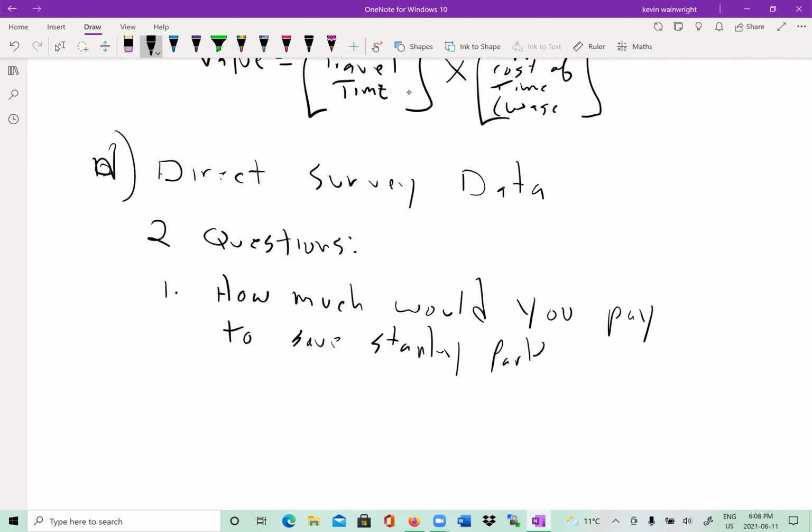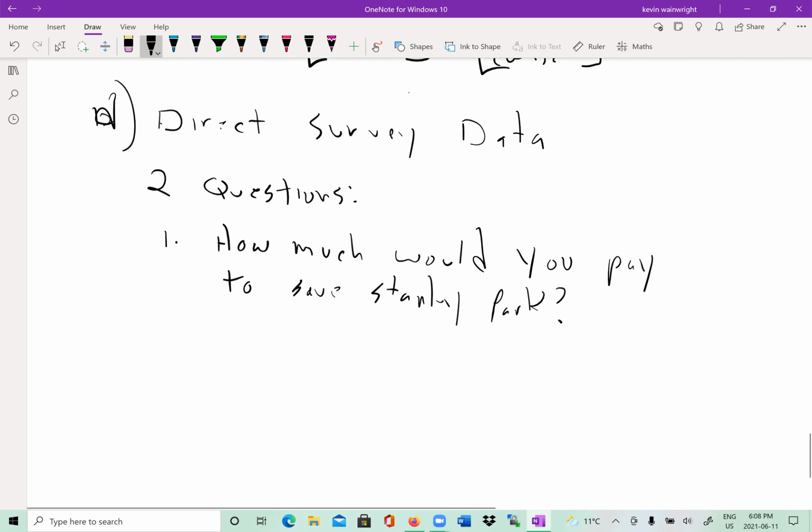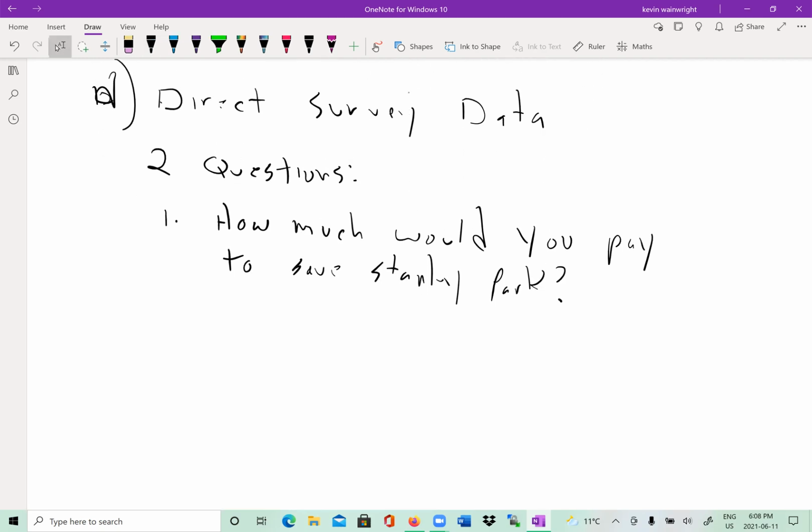Okay, so the government comes along and they say, we're going to plow Stanley Park flat and build up condos unless you pay to protect it. People say how much they're willing to pay to protect it. And that's the number we use to decide whether or not to keep the park.